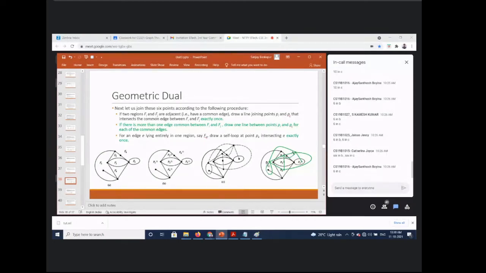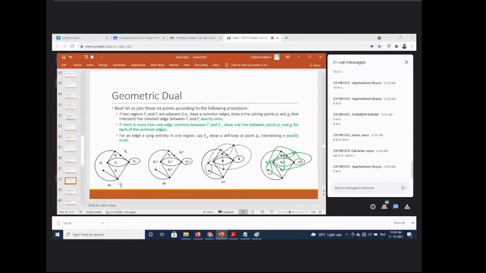Right, till now things are clear, like what a geometric dual is. Now we'll do a quick observation of what all things have changed by making the geometric dual. The first thing: did the number of vertices change? In this case, no, vertices didn't change.